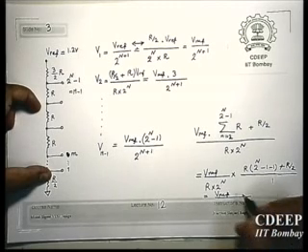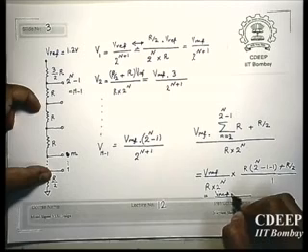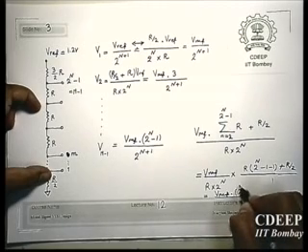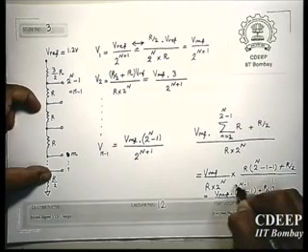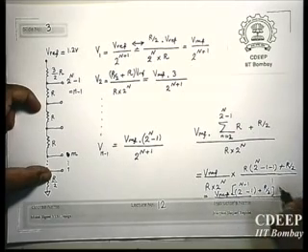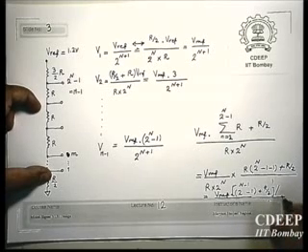So we factor 2, therefore it will be 2 to the power n minus 1 plus R upon 2, divided by 2 to the power, here we factor 2, n minus 1.